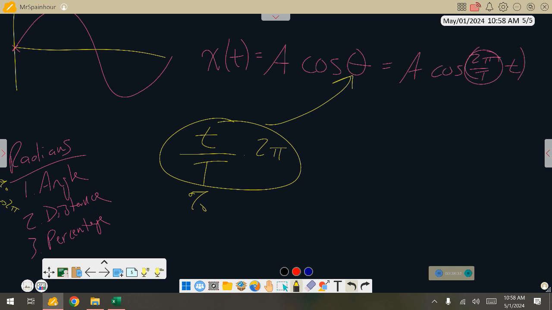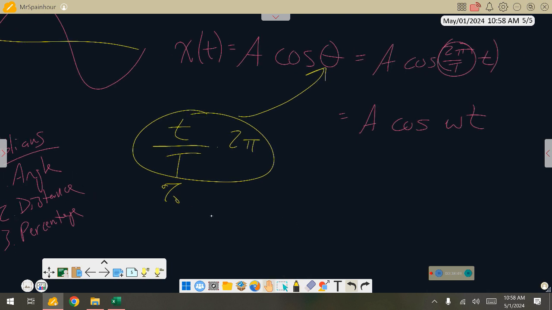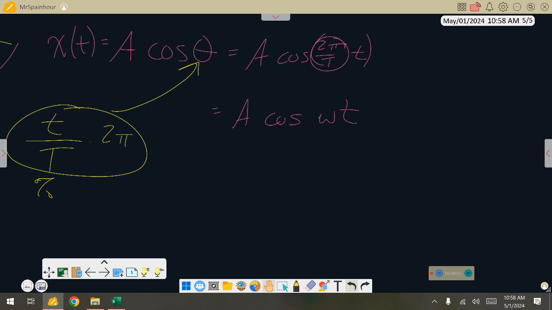What is 2 pi over capital T? Isn't that like... You are correct, okay. Except it's no longer called angular velocity. Ugh. It's called angular frequency. So there is the equation.